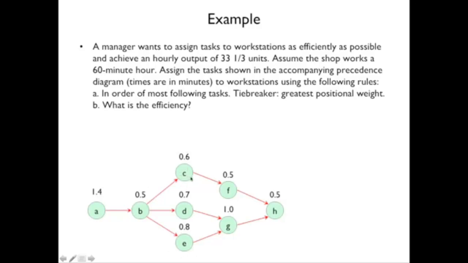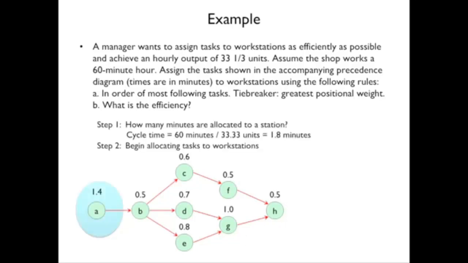But then on greatest positional weight, these two have a higher positional weight than this, because this is going into a shorter task than this. So the positional weight of these two is 1.0 plus 0.5, whereas the positional weight of these is 0.5 and 0.5.